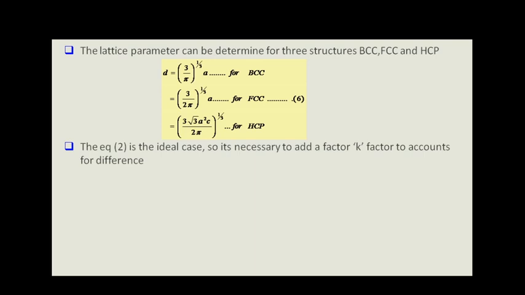So it is necessary to add a k factor. If it's a 100% consideration that all atoms are on the top surface and there is nothing in the core, then naturally it's true. But we know that it is not what happens in practice.